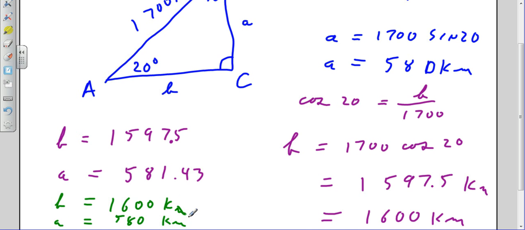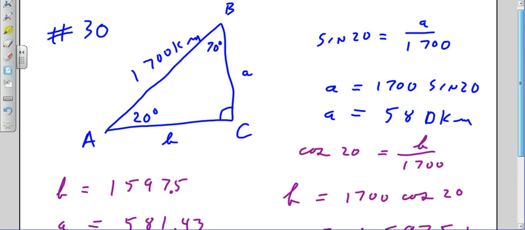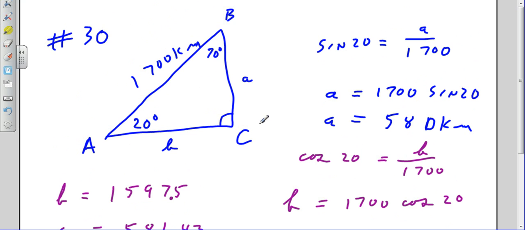So there is a better way to do it on my calculator than using sines and cosines, and someday I would expect you to be able to do that too. So what I'm doing is I'm using this as a vector quantity, 1700 angle 20, and asking the calculator to calculate the side opposite and side adjacent directly, and not bother me with any of the other math.